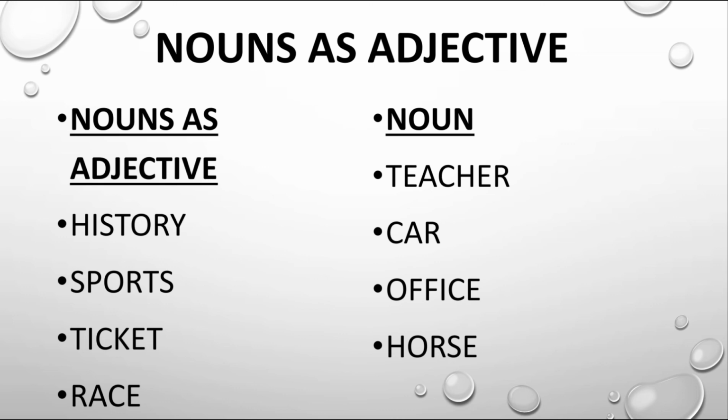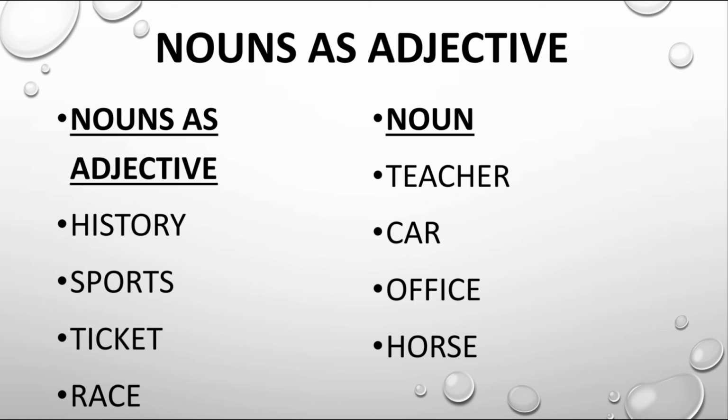So history teacher, sports car, ticket office, race horse. So history, sports, ticket, race, these are nouns used as adjectives. And teacher, car, office, horse, these are the nouns. And the noun as adjective always comes first. Okay students? Understood?